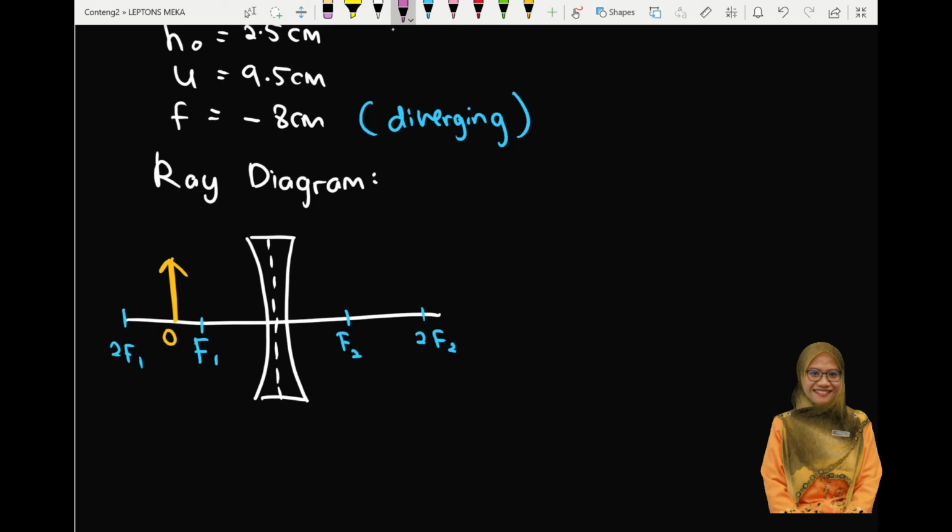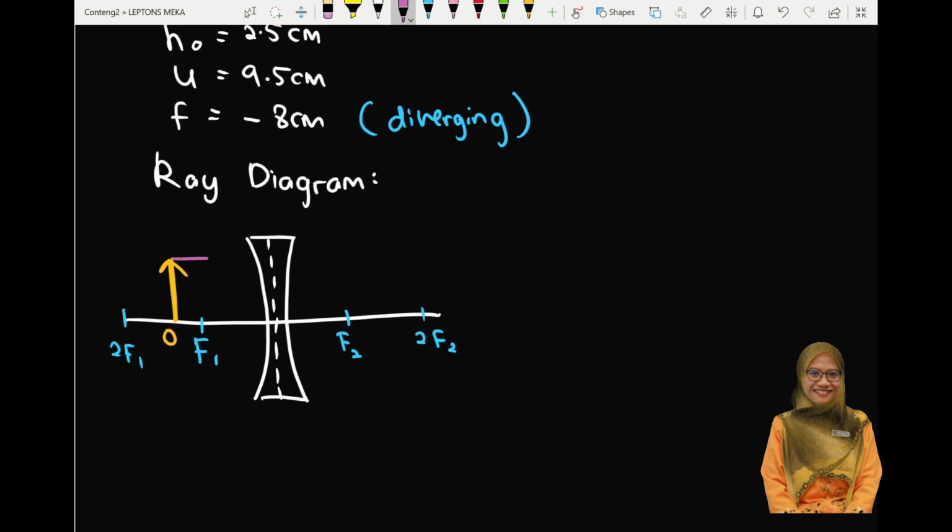Because you have 3 rays, and to sketch the ray diagram, you can use at least 2 to have the image formed. You need to practice how to sketch the ray diagram yourself, don't just read the notes.